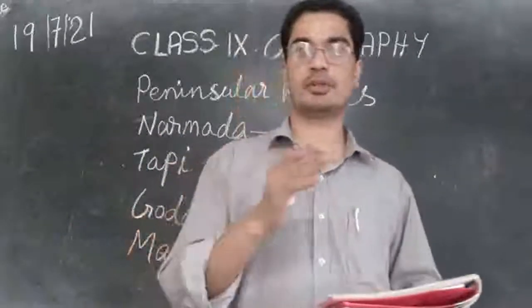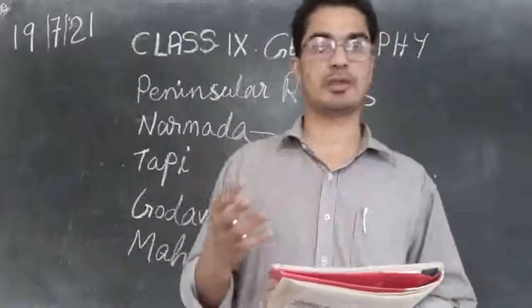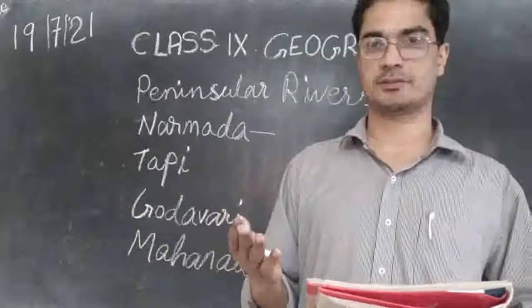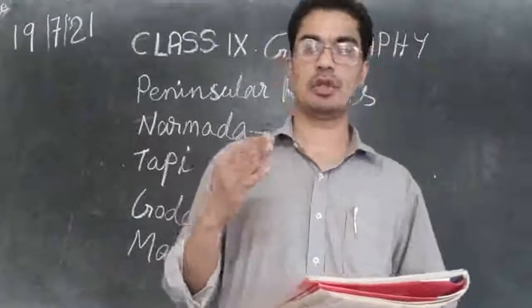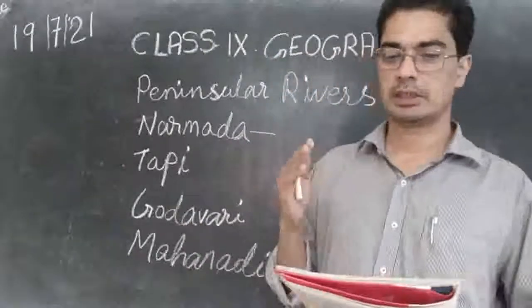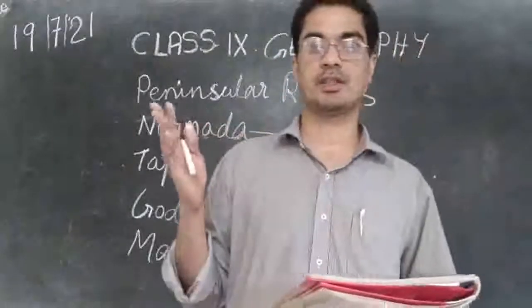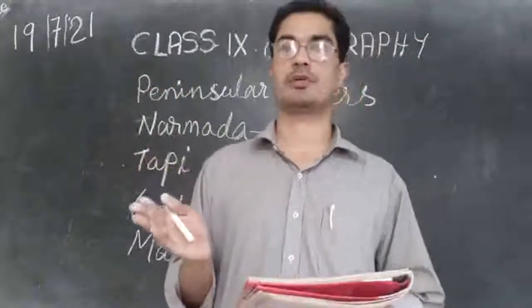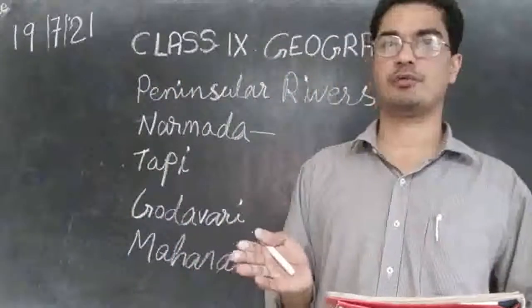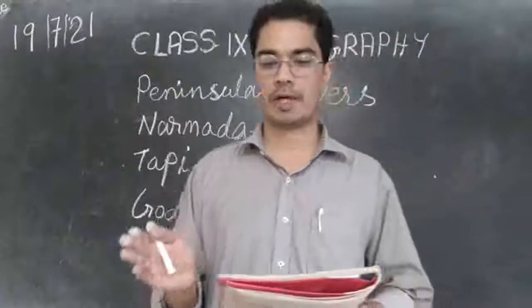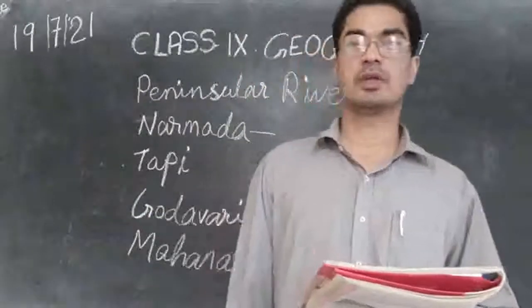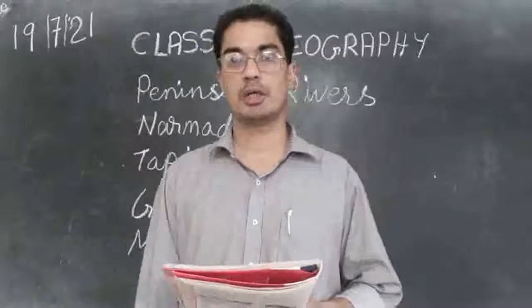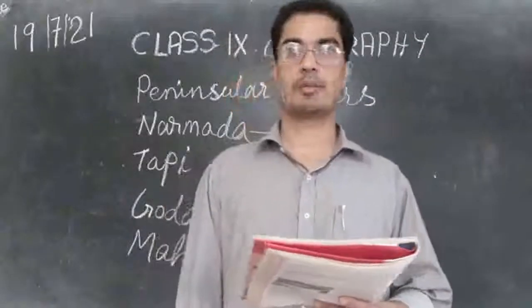I hope you remember that at the beginning of this lesson we learned about 4 types of patterns. One of them is, if the tributary is coming and joining the main stream or main river at a right angle, what is it called? It is called the trellis pattern.